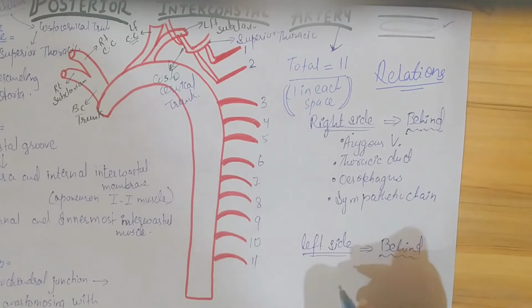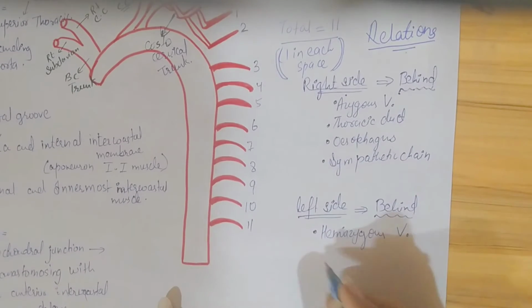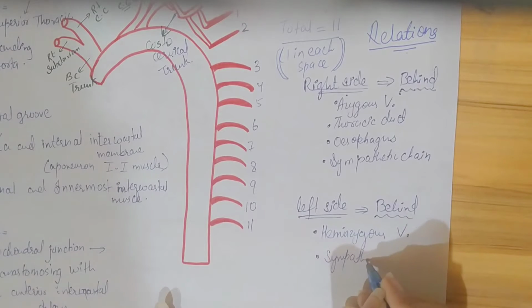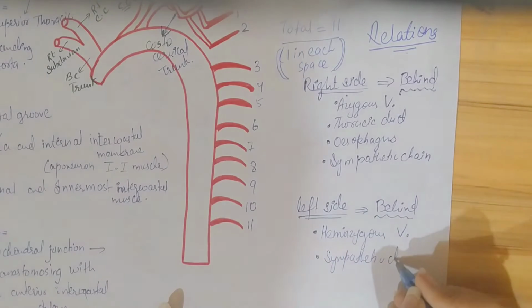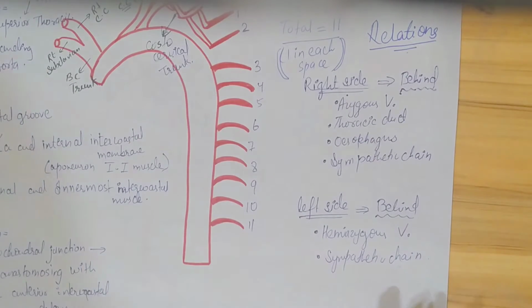While on the left side it is behind the hemiazygous vein and sympathetic chain. Right? So here we go.